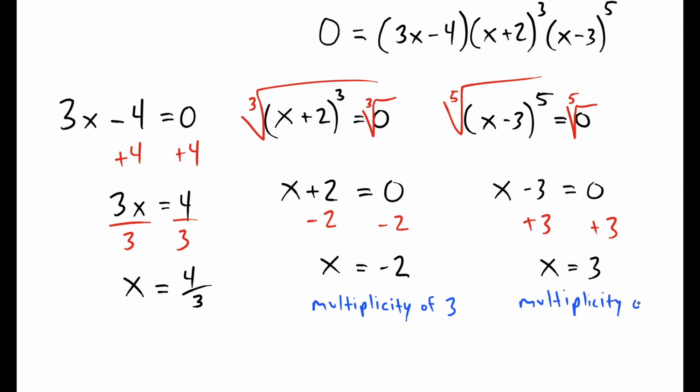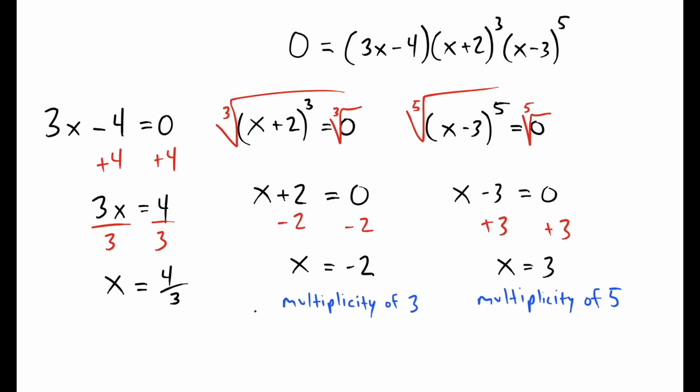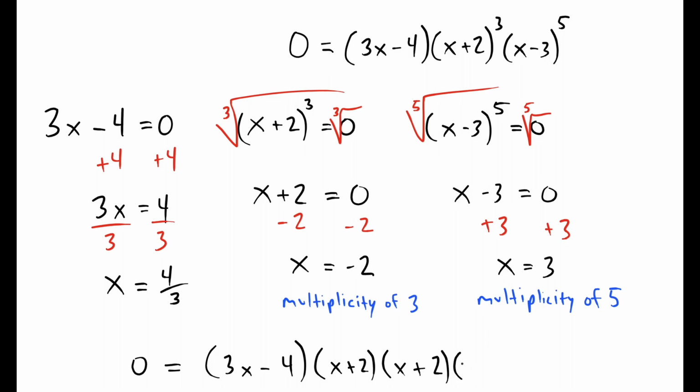And the multiplicity is going to be 5. And another way to think about that multiplicity is if you were to write it all out, you'd have a repetition of the root of -2 3 times.